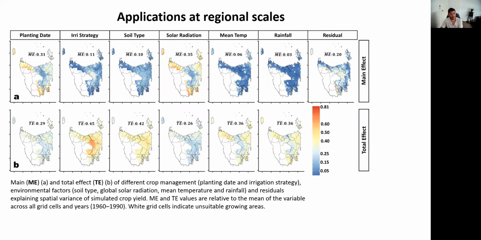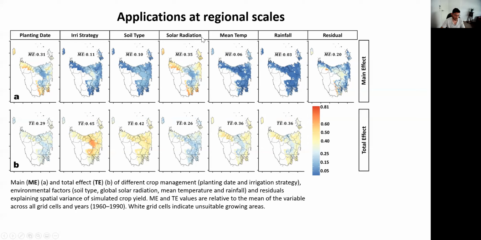Okay, then another example is that we can scale up this analysis and put the main effect and the total effect in a grid, and we can compare spatially how the contribution of each factor to the total variance affects different model outputs. Here you are seeing, from the same paper, the same factors: planting date, irrigation strategy, soil type, solar radiation, mean temperature during the growing season, and cumulative rainfall during the growing season.